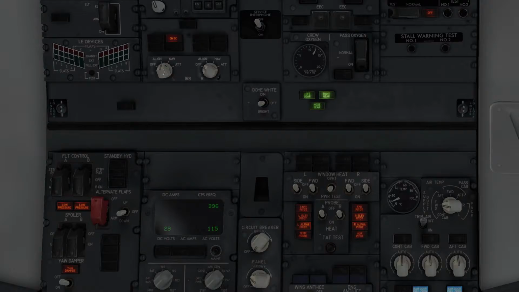IRS to nav, left, on DC, and align lights illuminate. Right IRS to nav, on DC, and align light illuminates. Yaw damper set to on.